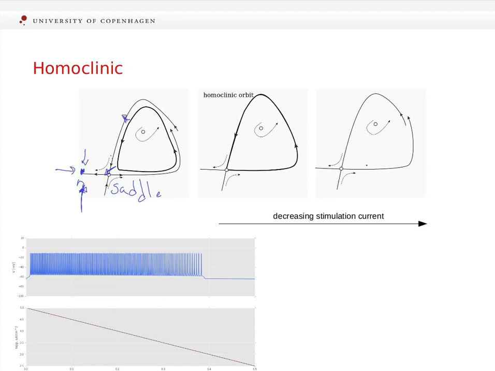And finally, as we decrease the stimulation current even more, this limit cycle is unlinked, and now all trajectories, it doesn't matter where we start from, will lead us to the stable node. How it looks in dynamics, as we decrease the applied current, we get a decrease in the spiking rate.